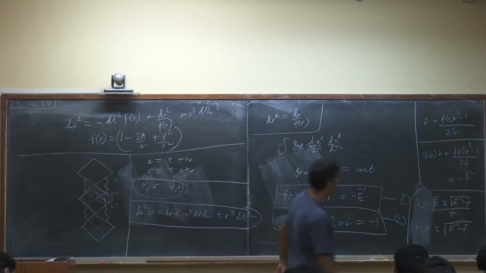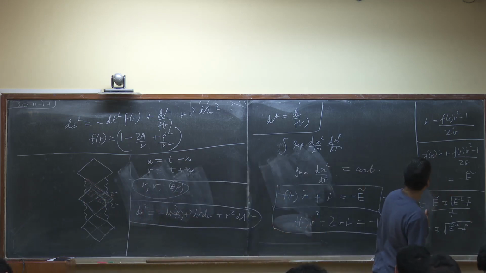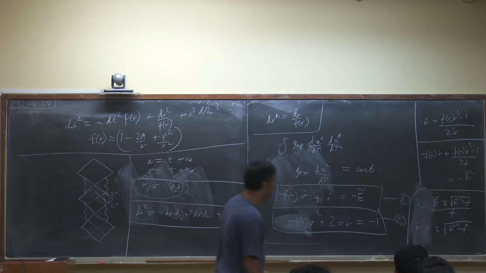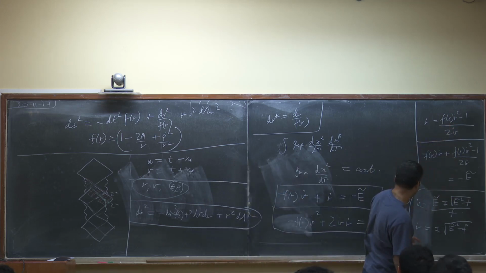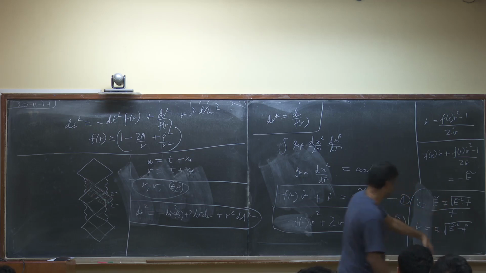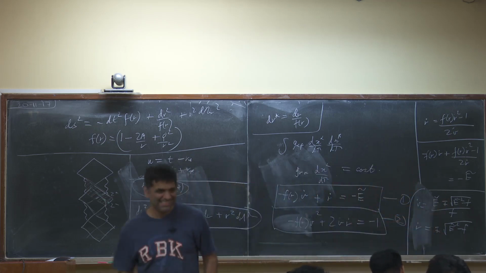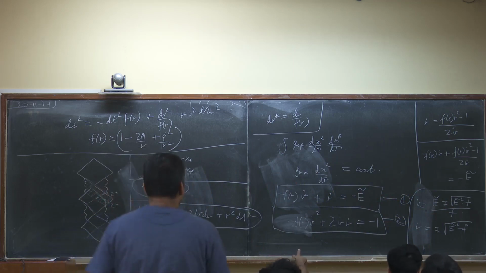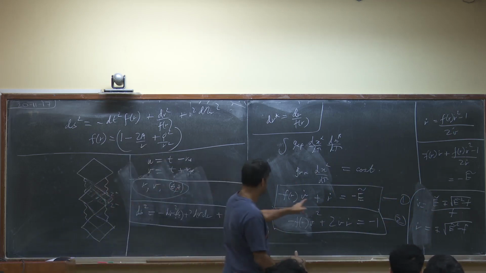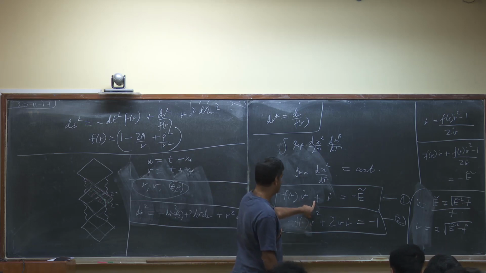Just as a sanity check, let's see if this is true. Let's see that we get this from here. So we need f times v tilde squared. It's quite a pain, right? This can come from this: v plus minus r. We substitute v dot.